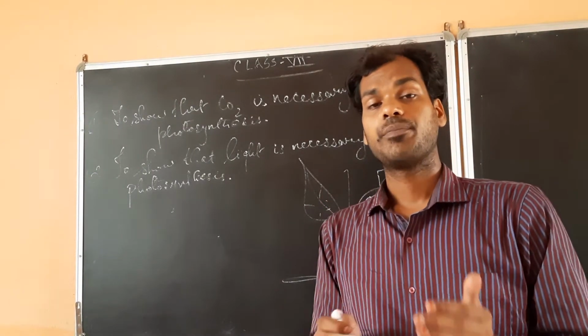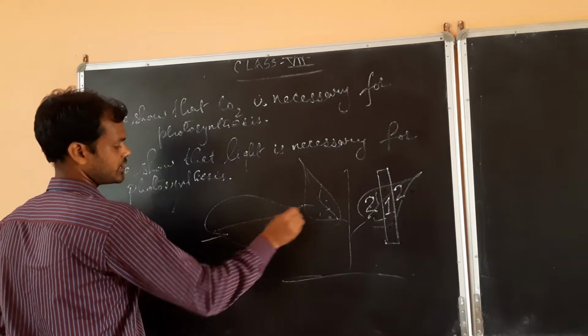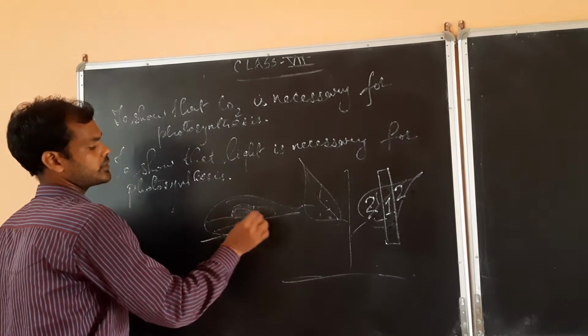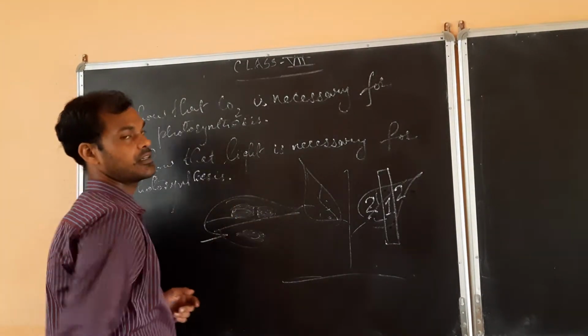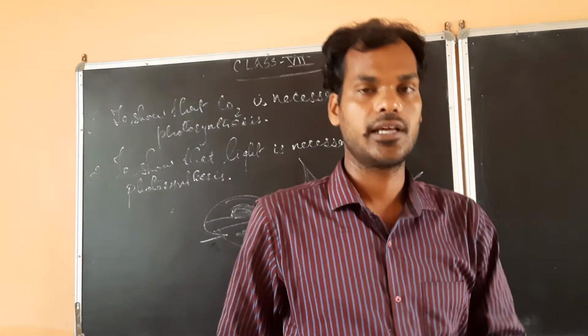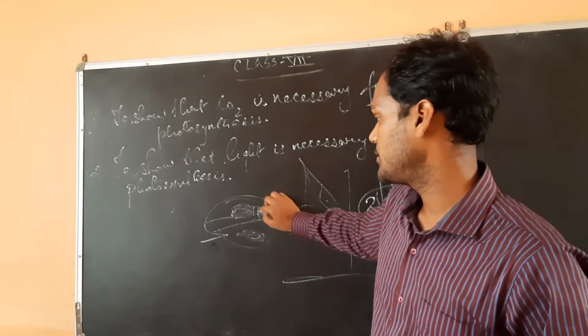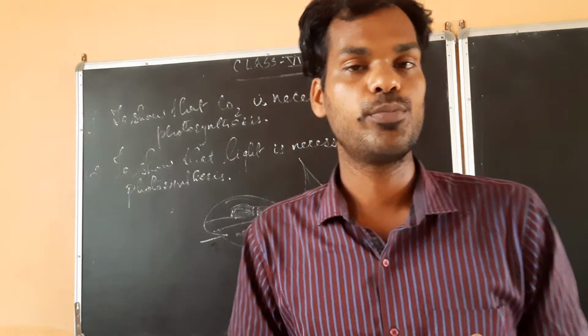We have seen only the green part of the plant. Suppose this is a croton plant, and this part is green in color. Here all the rest of the parts are yellow or orange in color. After the experiment we will see that only the part which was green in color shows the blue black color.